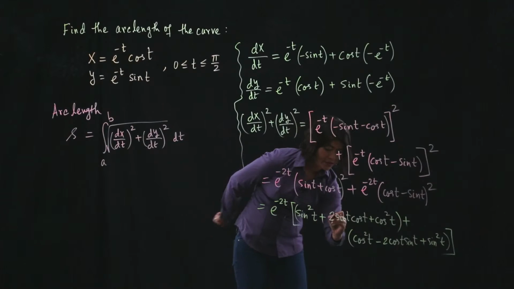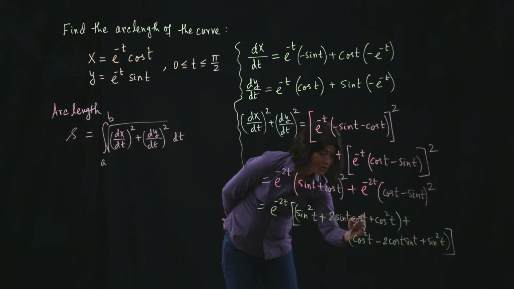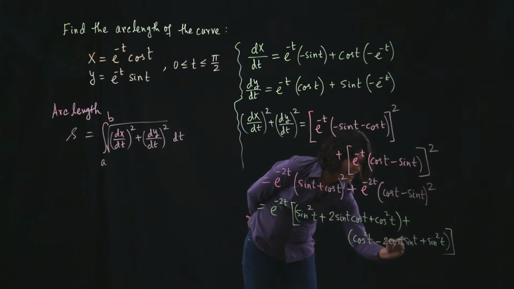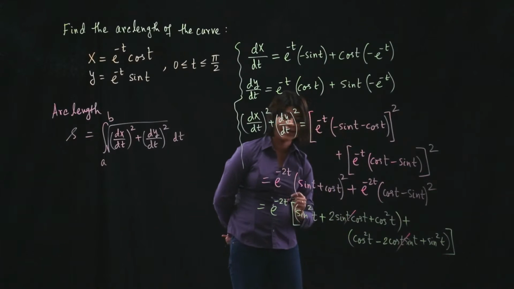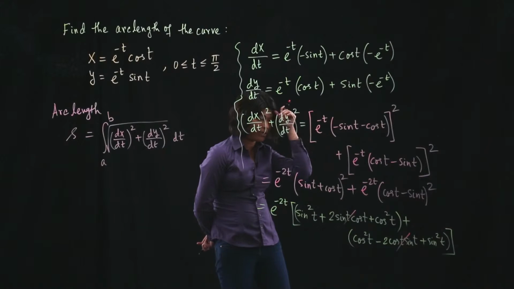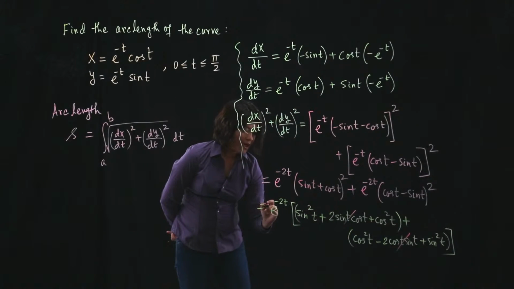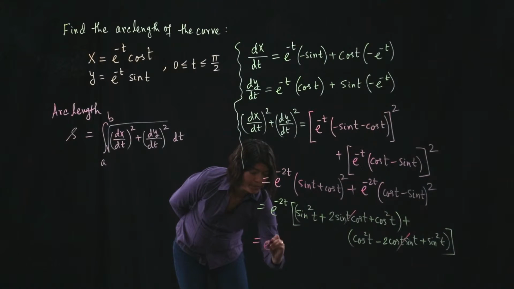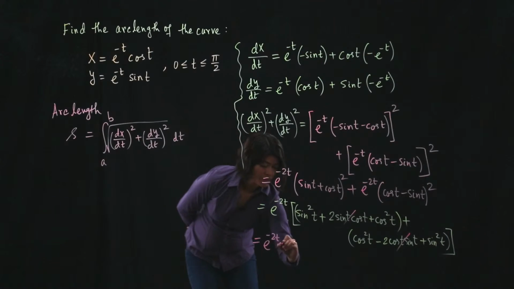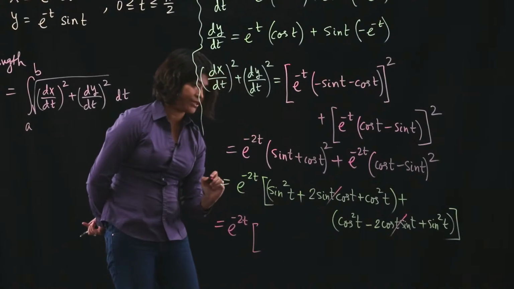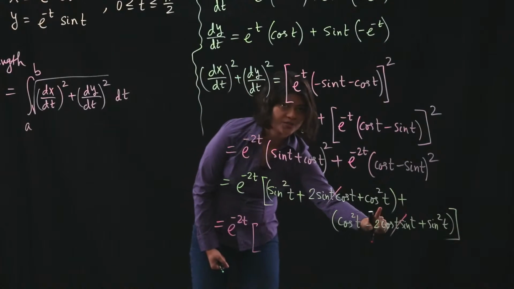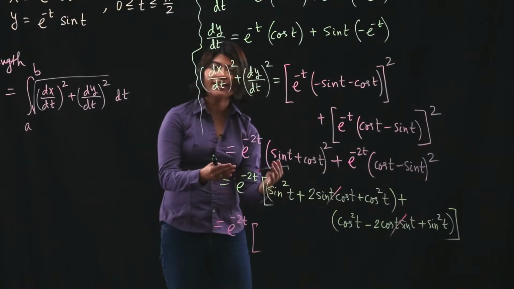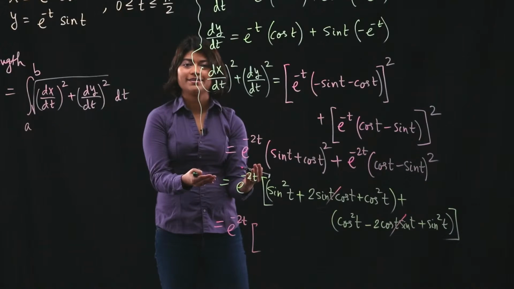So if you notice carefully, we have a positive 2 sine t cosine t and a negative 2 sine t cosine t. So these two will cancel right away. Okay. Now notice what we will be left with. We have e to the negative 2t, and we have a sine squared plus cosine squared. Do you know what sine squared t plus cosine squared t is?